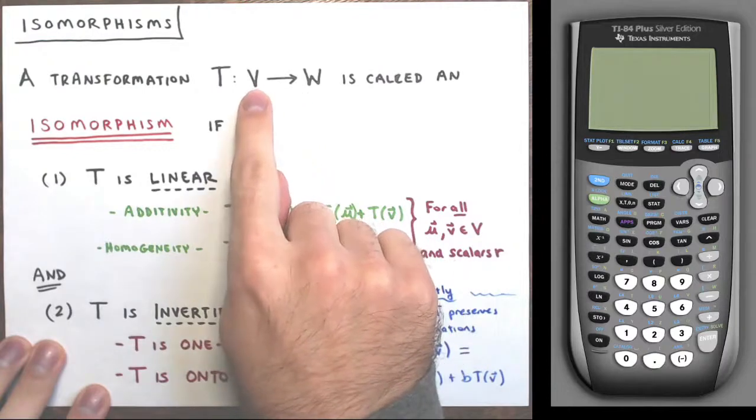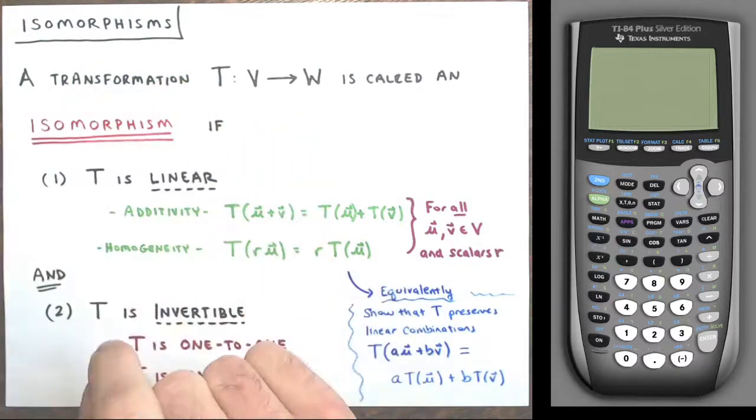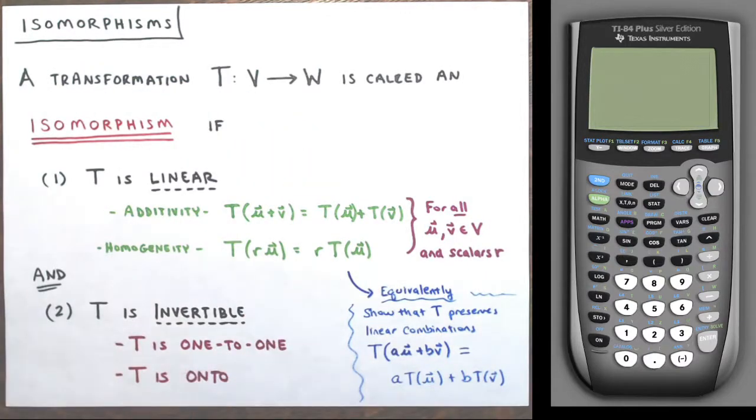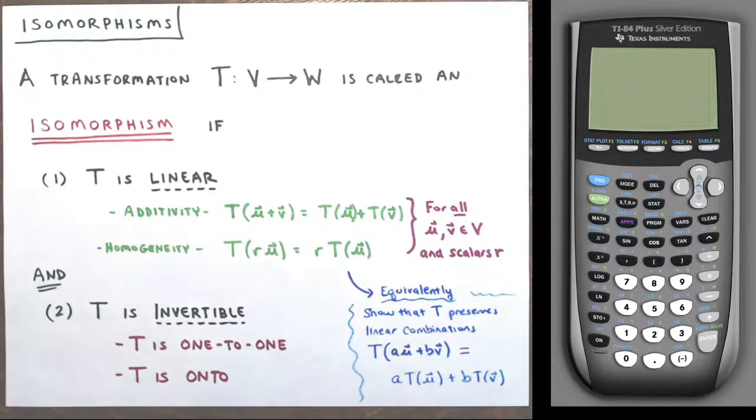Because if there were two different vectors in V that went to the same vector in W, then the inverse, when I reverse the mapping, would not be a function or a legitimate transformation, because you'd have a vector in W mapping to more than one element of V, and that's not part of the definition of a function.